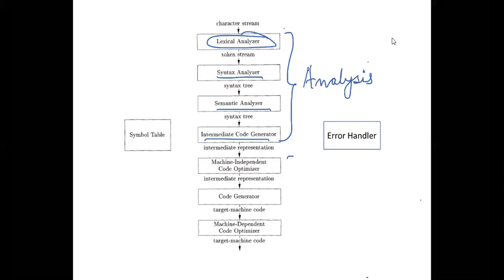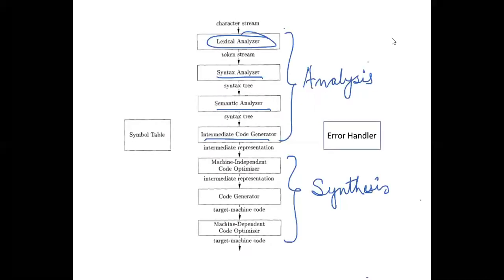And the remaining three, machine independent code optimization, code generation, and machine dependent code optimization, are under your synthesis phase.